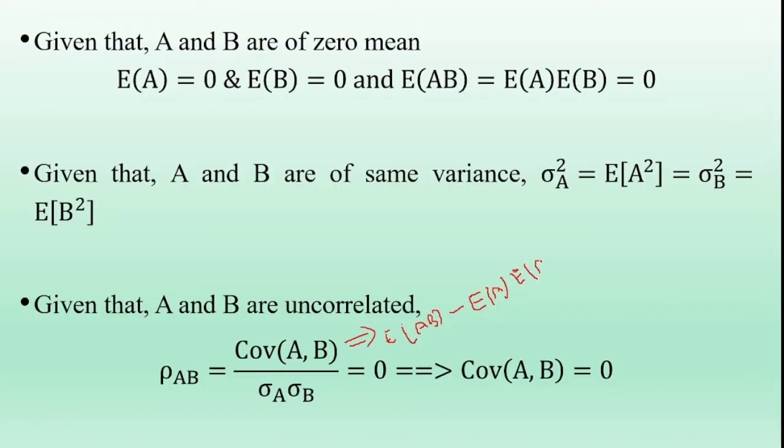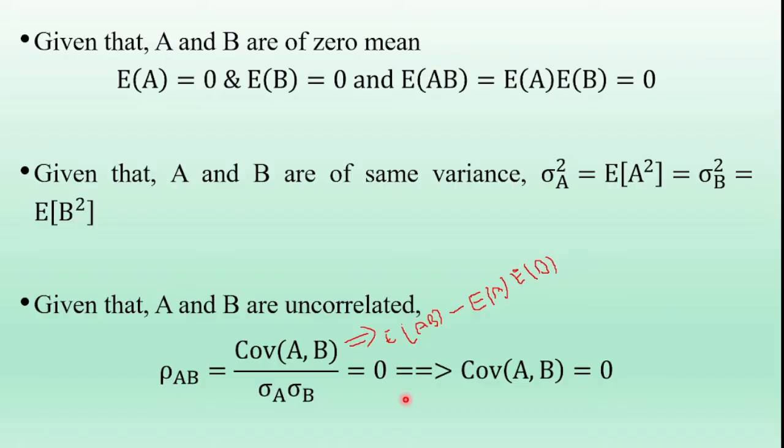Now from the given data, expectation of A and expectation of B are 0 and expectation of AB is 0, so the numerator term covariance of A comma B is also 0. So 0 divided by sigma A into sigma B is 0. So covariance of A comma B is equal to 0 and the correlation coefficient is equal to 0 from the given data.